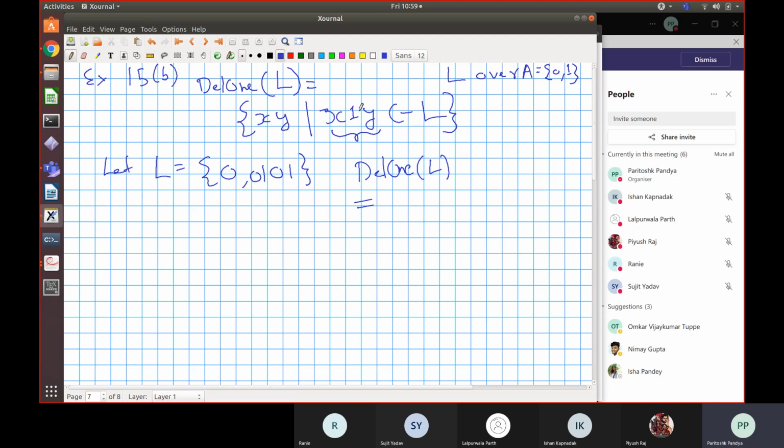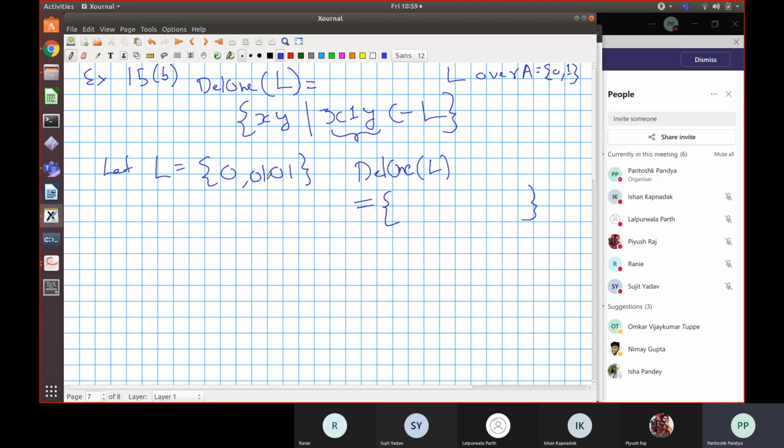If you find such a word in my L, then I delete that 1 and I retain x followed by y. Now there can be several occurrences of 1, so there are several ways in which I can delete that 1. So, what will be the language I'll get here? Well, 0 is not of the form which can be broken into x1y, right? So 0 will not contribute anything to del 1.